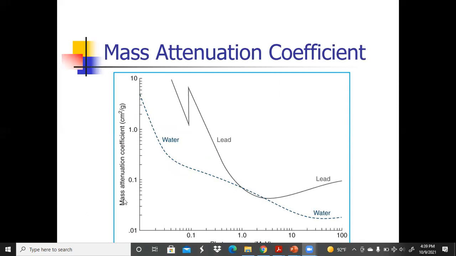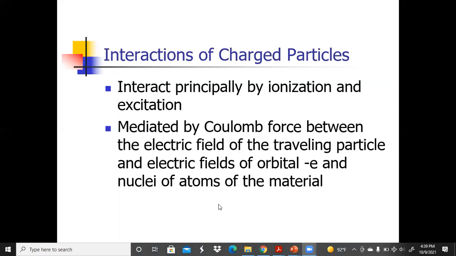Adding all of these mass attenuation coefficients together, this is the kind of reactions that you see. Charged particles interact principally by ionization and excitation, mediated by Coulomb forces between the electric fields of the traveling particles and the electric fields of orbital electrons and nuclei of atoms in the material.